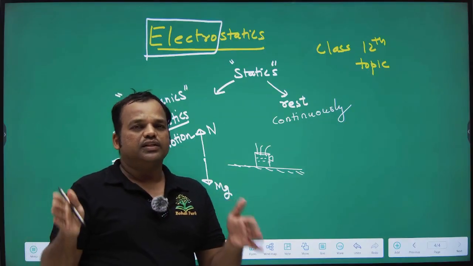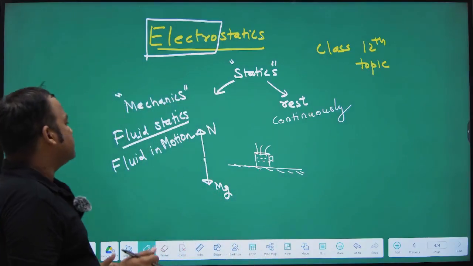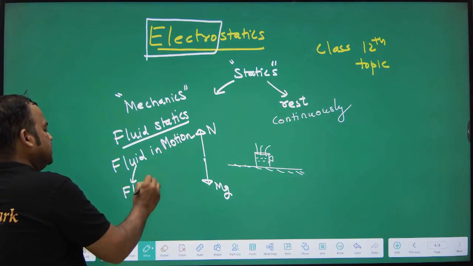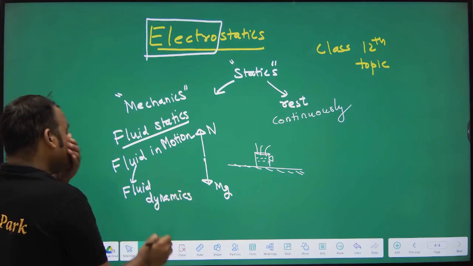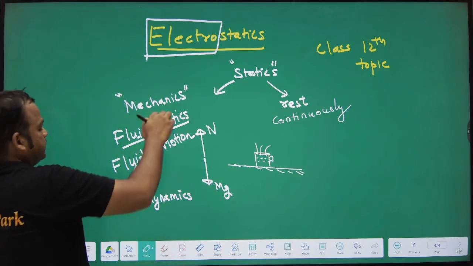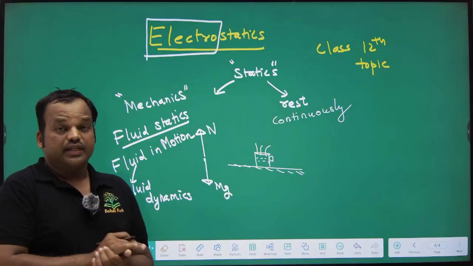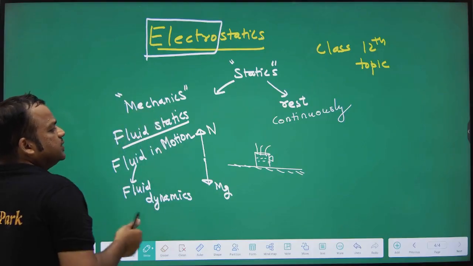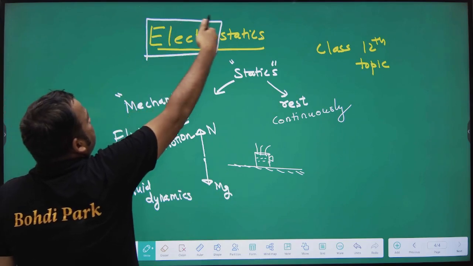So when a pressure difference is there, the water molecules flow, correct? So that is fluid in motion, which is known as fluid dynamics. So something which is at rest, and you are observing it, you are studying it, we can call it statics. So here also we have electrostatics.